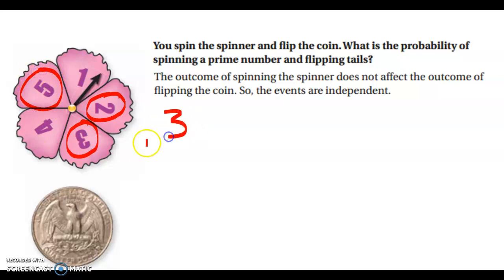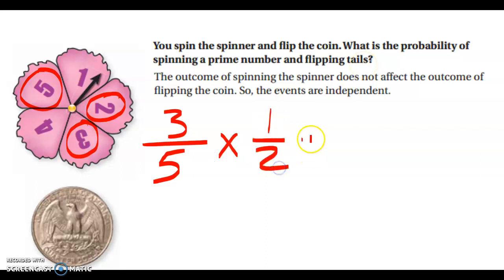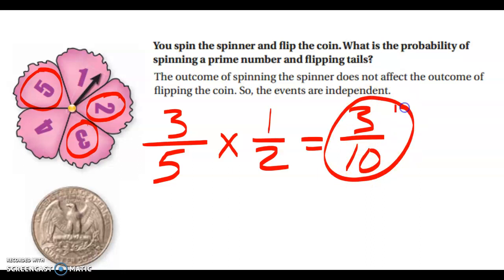So that is 3 out of 5 possibilities that are prime times, and what's the chance of getting tails? 1 out of 2. So 3 times 1 is 3. 5 times 2 is 10. So we have a 3 in 10 chance, which is also 30%.